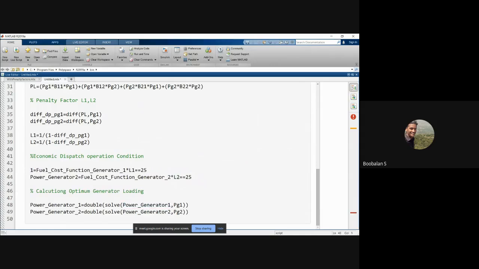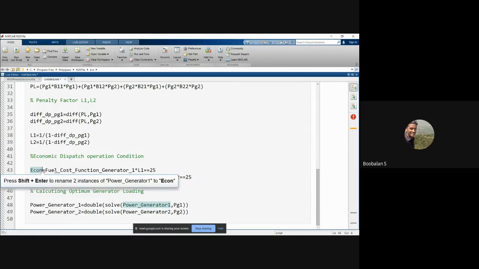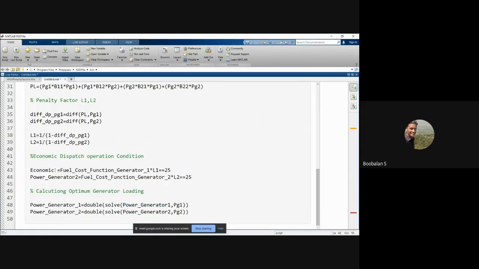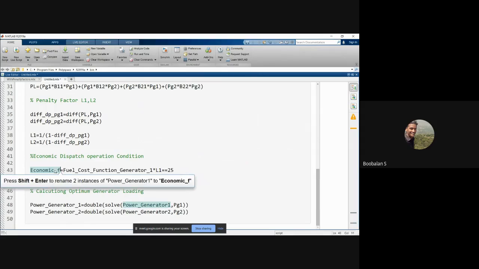Maybe economic fuel, economic underscore fuel, economic fuel 1, and that's the fuel spelling. Fuel underscore 1, pg1. Just copy this one.